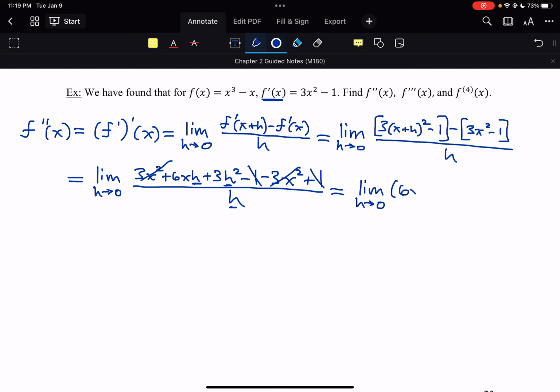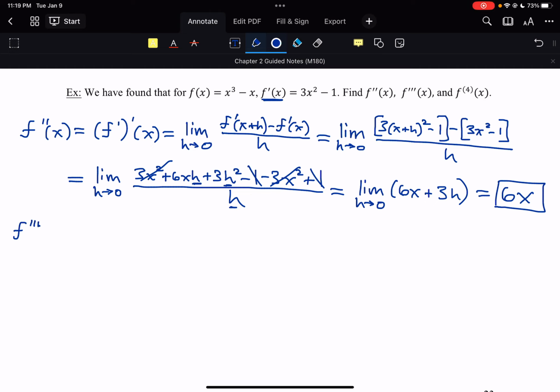So we're left with 6x plus 3h. As h approaches 0, this whole term is going to turn into 0. So we're just left with 6x. That is f double prime. That is the second derivative of this function, or the derivative of the derivative.